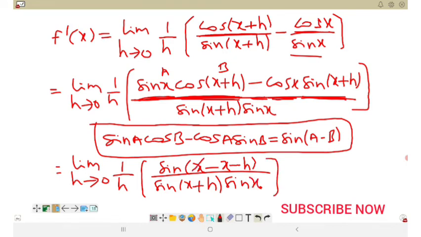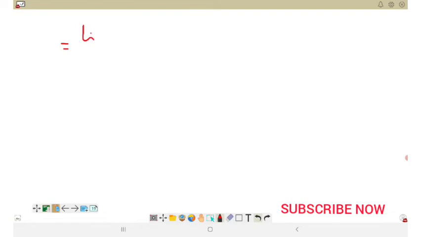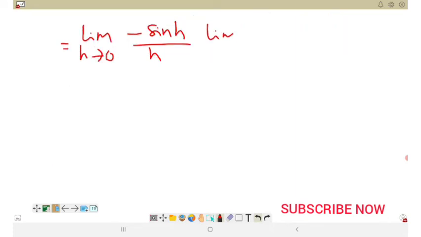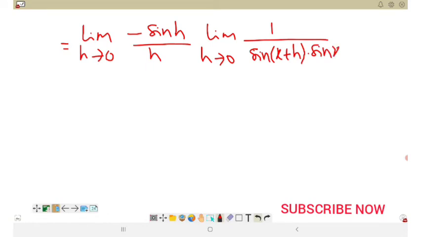So the limit h tends to 0 of minus sin h by h into the limit h tends to 0 of 1 by sin of x plus h into sin x.